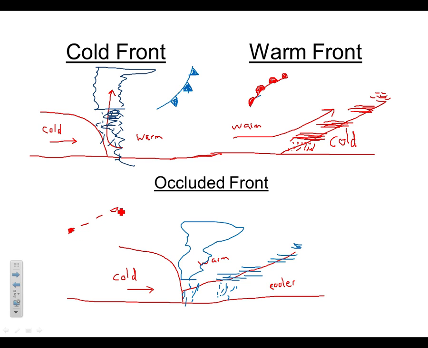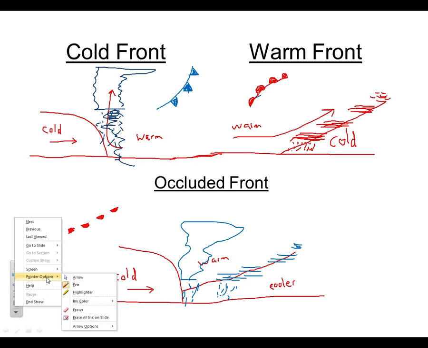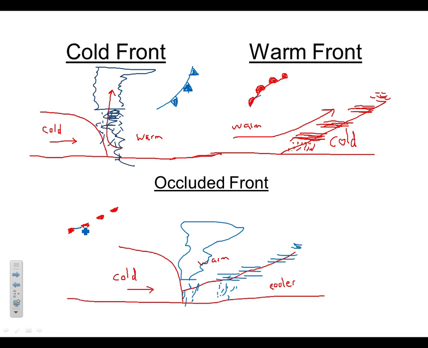So occluded front, we have my red half circles on one side, and then my blue triangles are going to alternate on the same side, like this, because they're both going the same way. Okay, so that's my occluded front. My blue triangles and my red half circles on the same side. Sometimes you'll see it in purple if it's a color. They'll do it in purple.